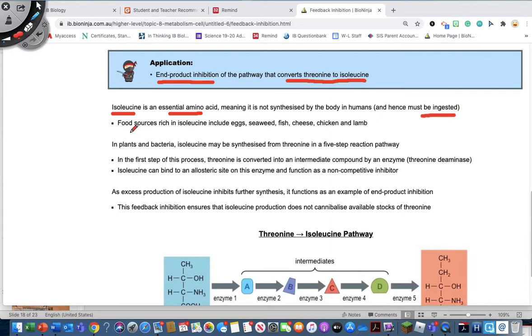We have to eat it. Food sources that are rich in isoleucine include eggs, seaweed, fish, cheese, chicken, and lamb. But in plants and bacteria, isoleucine can be synthesized from threonine in a 5-step reaction. So we have to learn what this 5-step reaction looks like in plants and in bacteria.